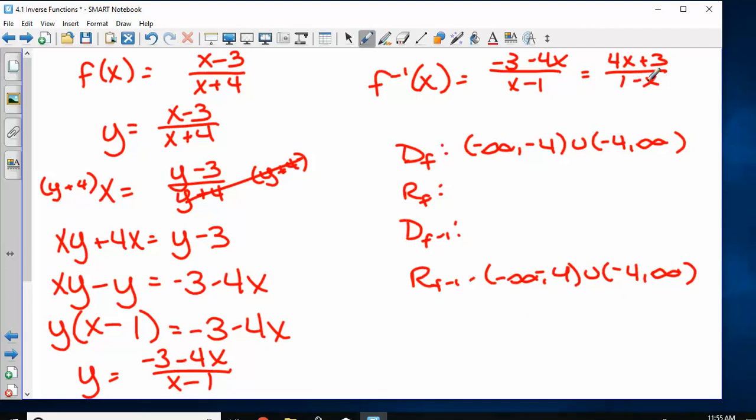Looking at the inverse, what can x not be? 1. So the domain of the inverse would be negative infinity to 1, union 1 to infinity, and that's the same as the range of the original function.